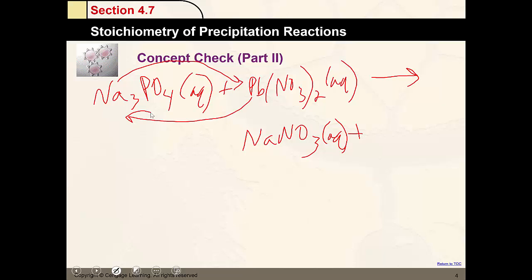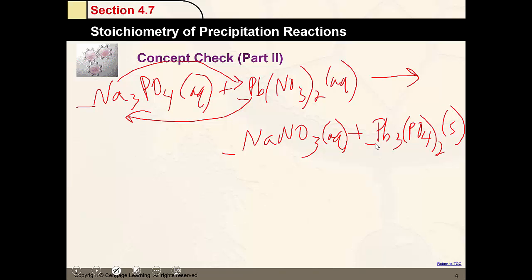So the lead ion, Pb2+, is reacting with the phosphate ion, PO4 3-. So we get a product of Pb3(PO4)2, which is insoluble according to your solubility rules. So that is your solid product. So that will be the precipitate that forms, lead(II) phosphate.